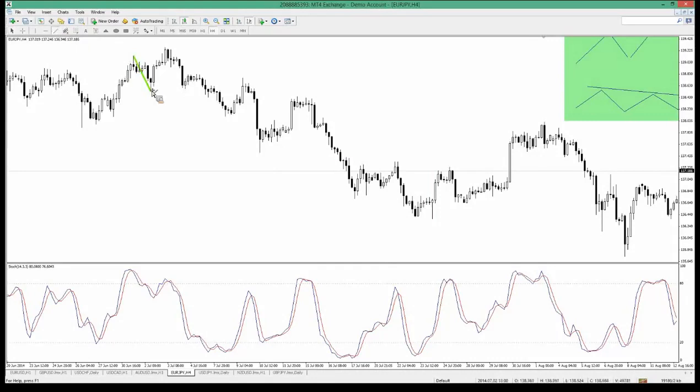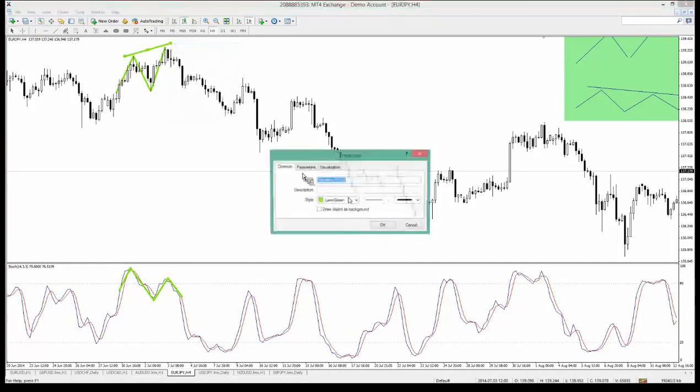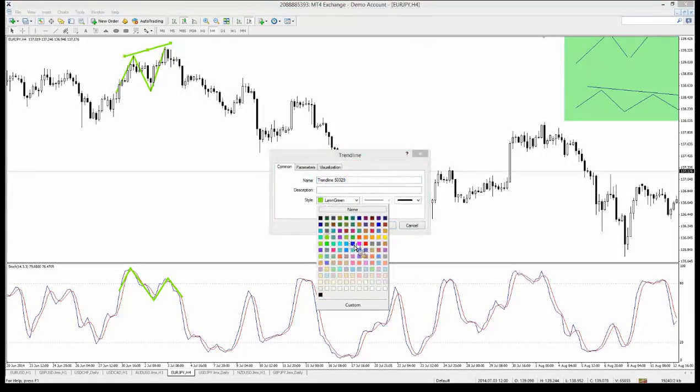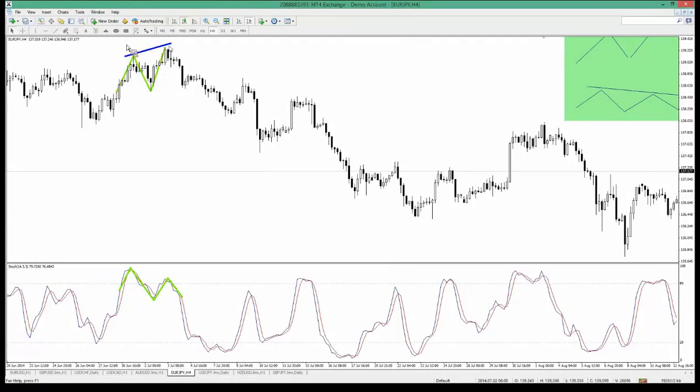Here's price making a higher high, but if we look at the indicator, we have a lower high. We draw it over the peaks: higher high in price, MACD stochastic making a lower high. That's your standard divergence.